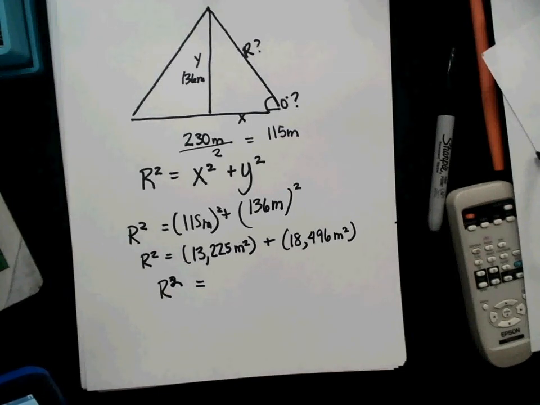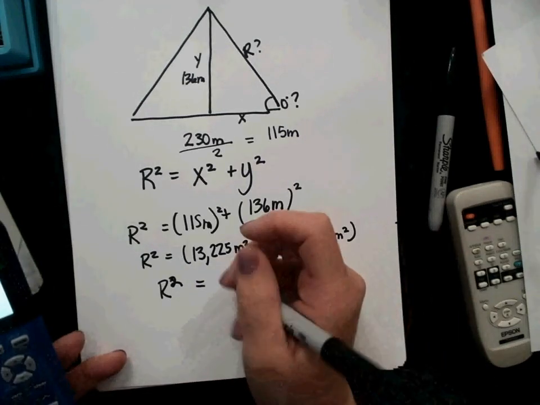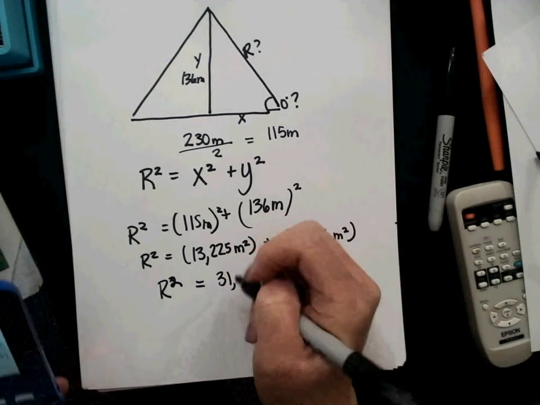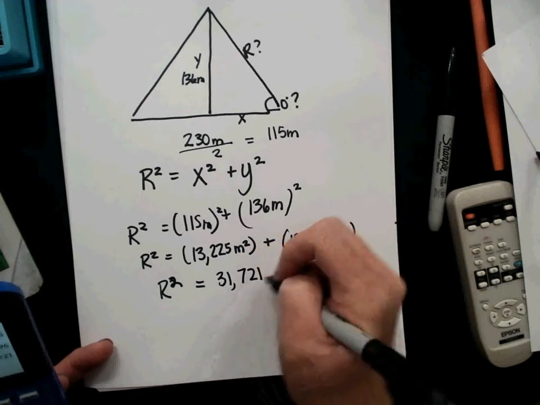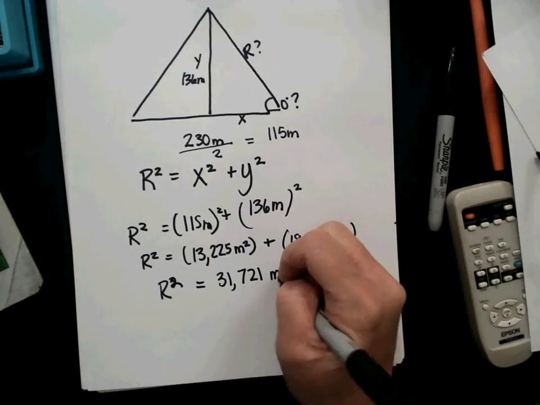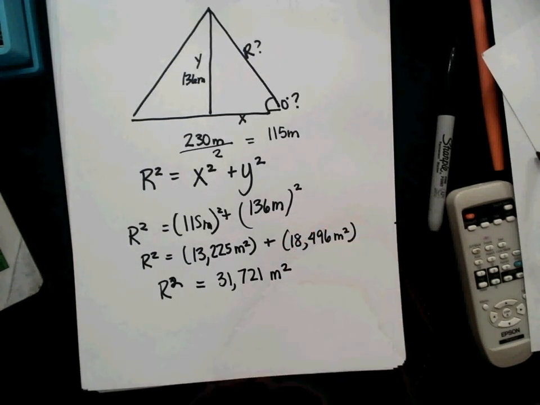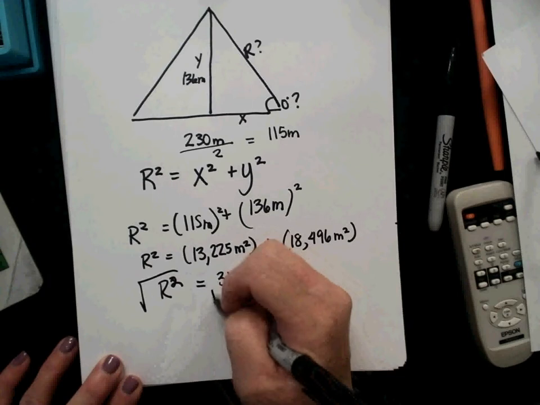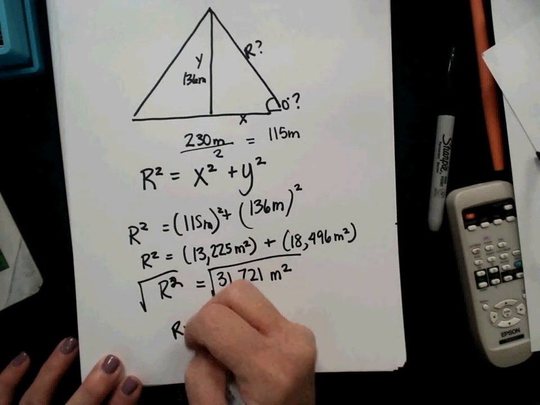What's my total r squared? What you got, Celia? 721 what? What are my units at this point? Yep, meters squared.